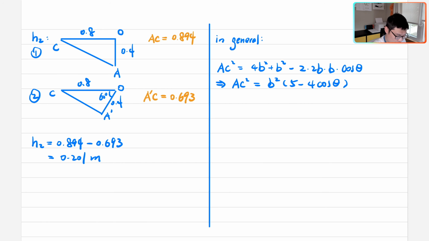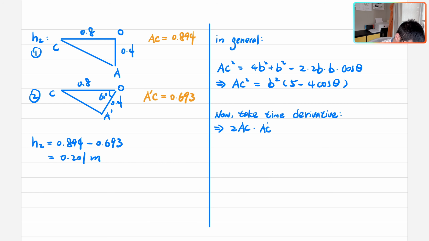So we'll take the time derivative. We'll end up with, on the left-hand side, 2AC. AC is the variable, so we'll have AC dot equals, on the right-hand side, b squared stays.